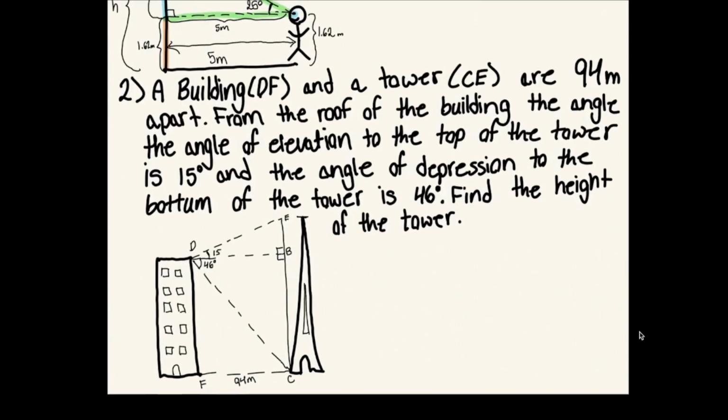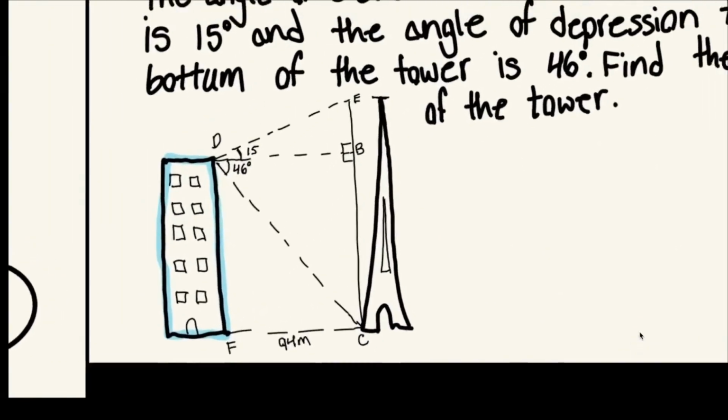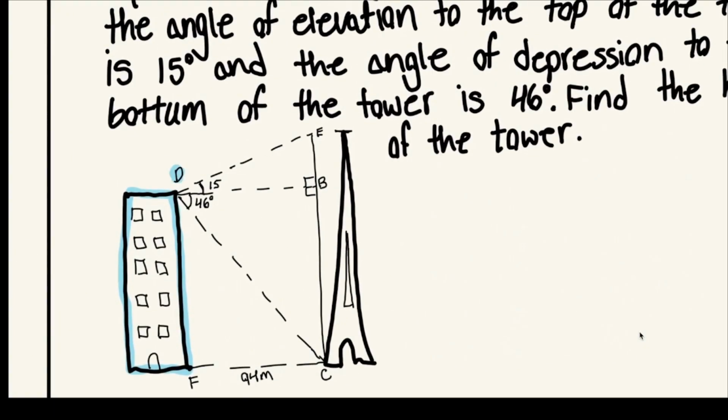So let's move to this one. This one's a little bit more complex, and we have the diagram given. And so we can read the question and apply what the question gives us onto the diagram. So let's see what is in here. So a building DF. Okay, so we know that DF right here is going to be this building, because D is right here, and F is right here, right?